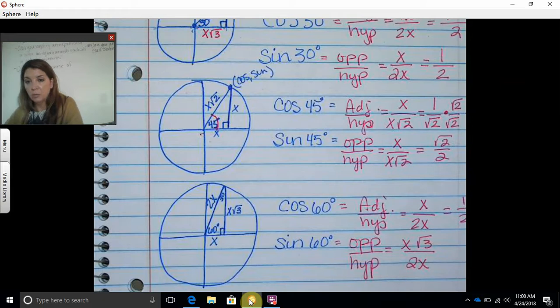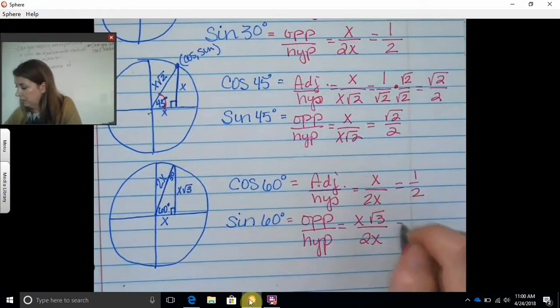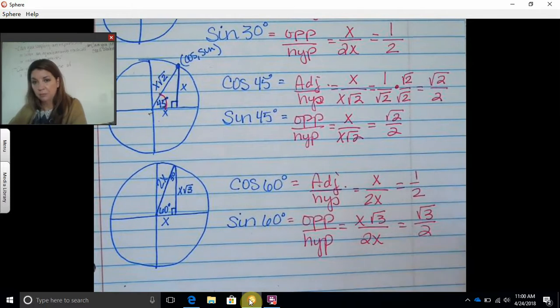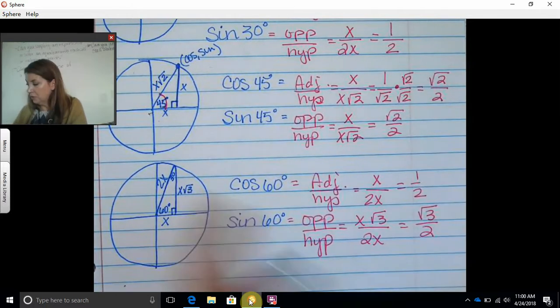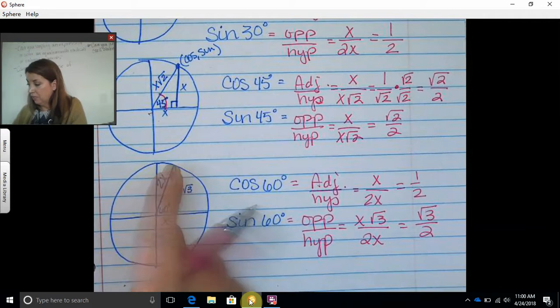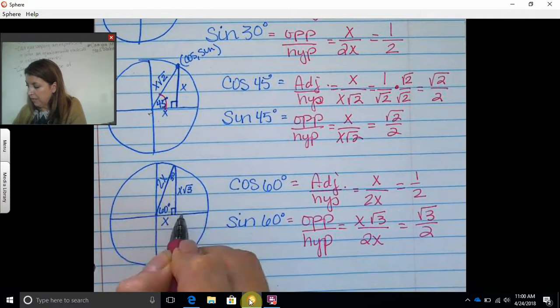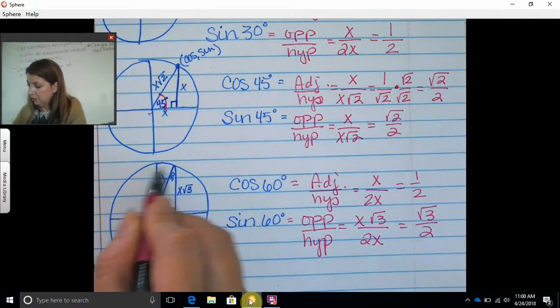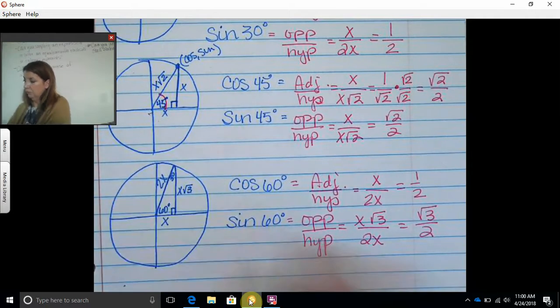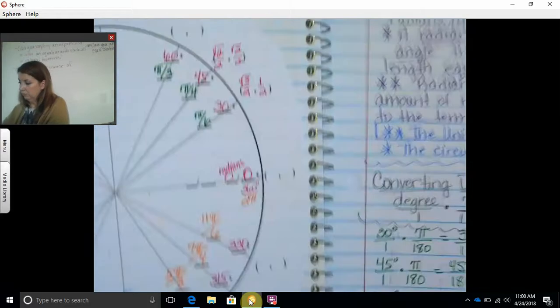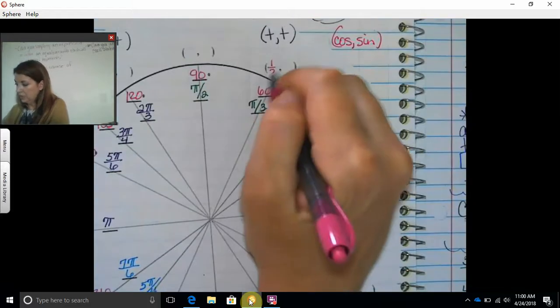So my x's will reduce or cancel, and that leaves me with square root of 3 over 2. So my cosine, or my x value, is 1/2. So that means if this ordered pair right here has an x value of 1/2, the y value is square root of 3 over 2. Okay? And they're both positive.